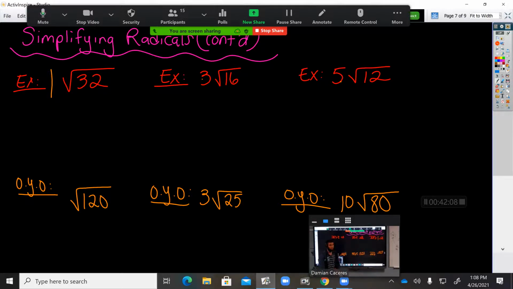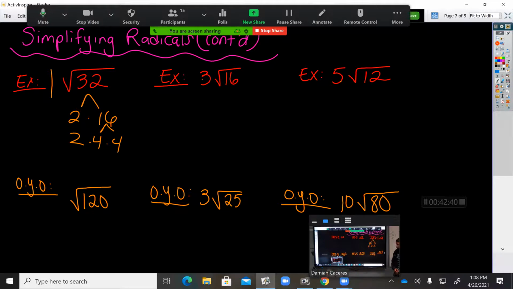So watch me do the first one. The whole point of simplifying radicals is to see what repeats twice so you can pull it out once. So 32 is what times what? 2 times 16. And 16 breaks down to 4 times 4. So we have 2 times 4 times 4. Now, I could break down both of those 4s to be 2, 2, 2, 2, but what's the point if they already repeat?